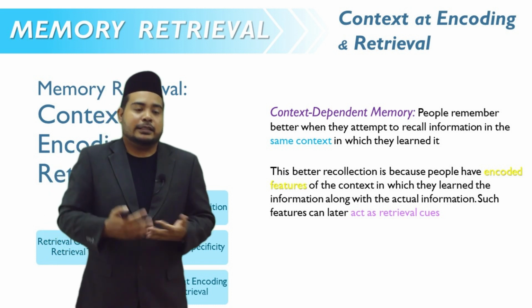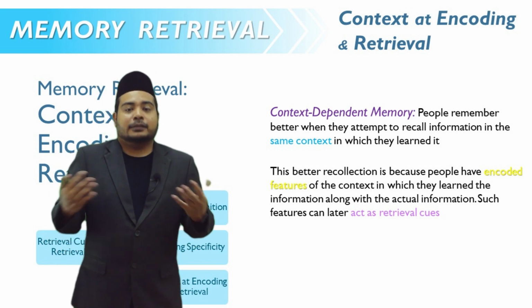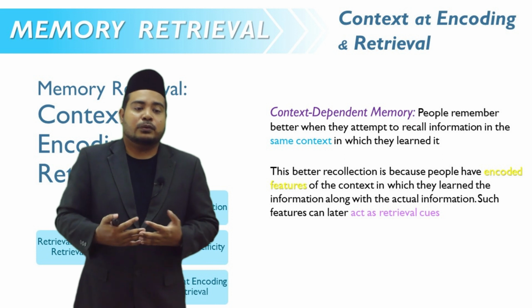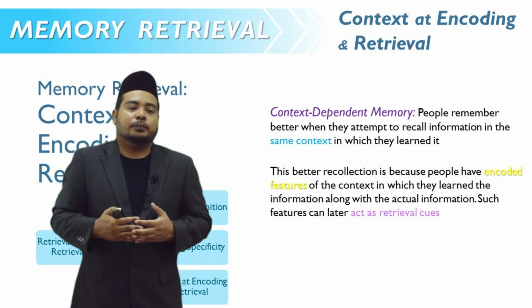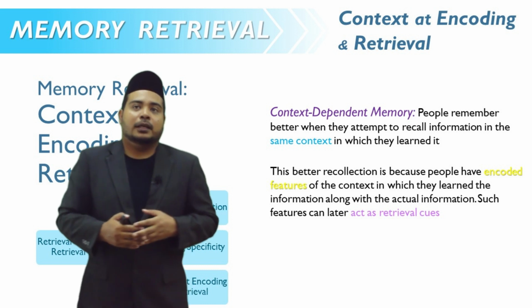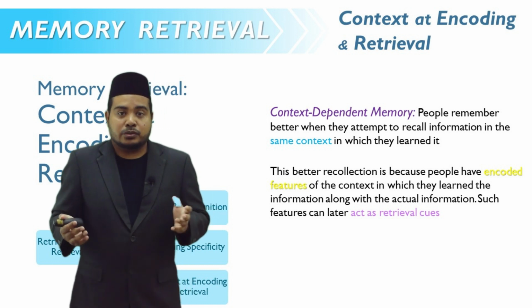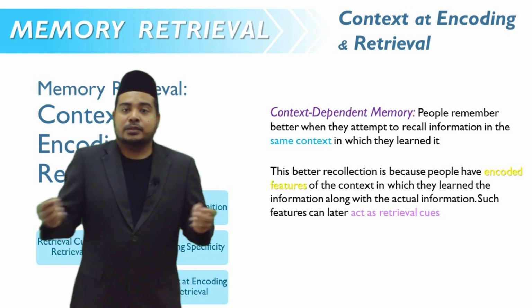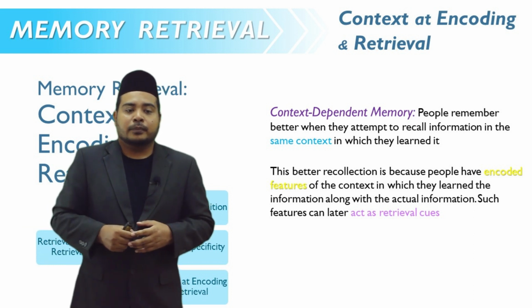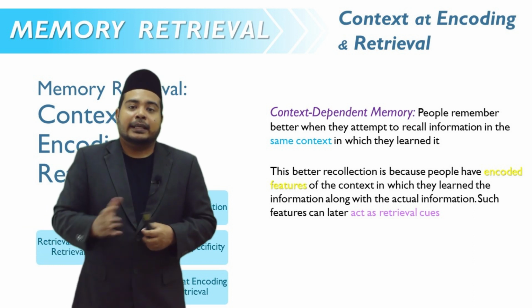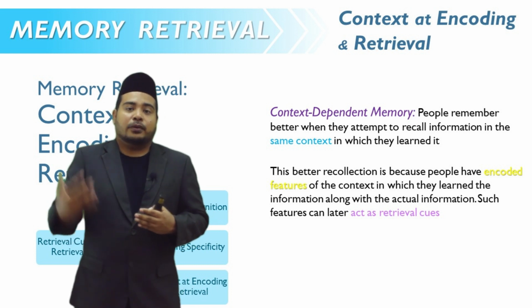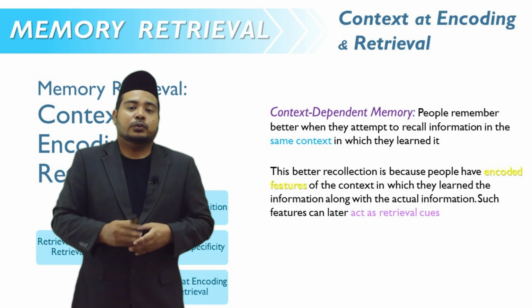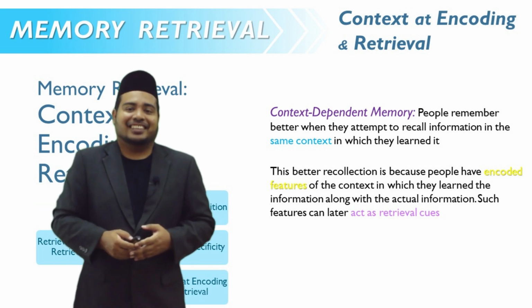So that's why some people give tips: if you want to recall better, make sure that all of the equipment you use to study, for example your pens, your pencils, all of the stationery that you use in the exams, you also use while preparing for your exam or doing your revision.